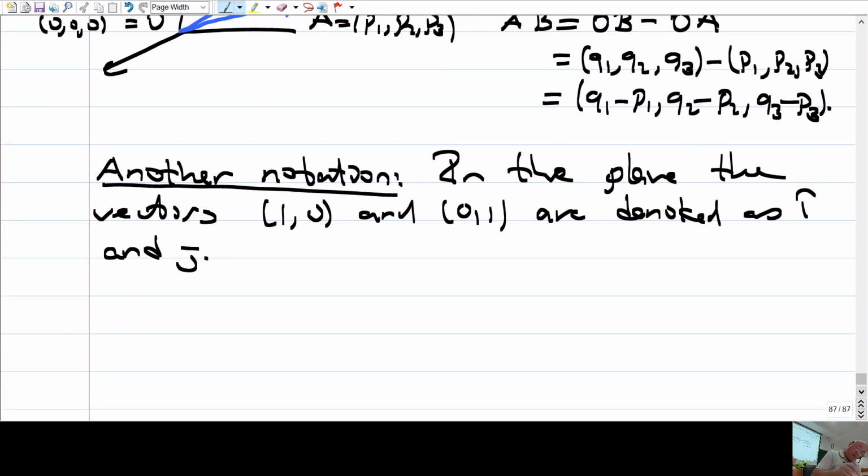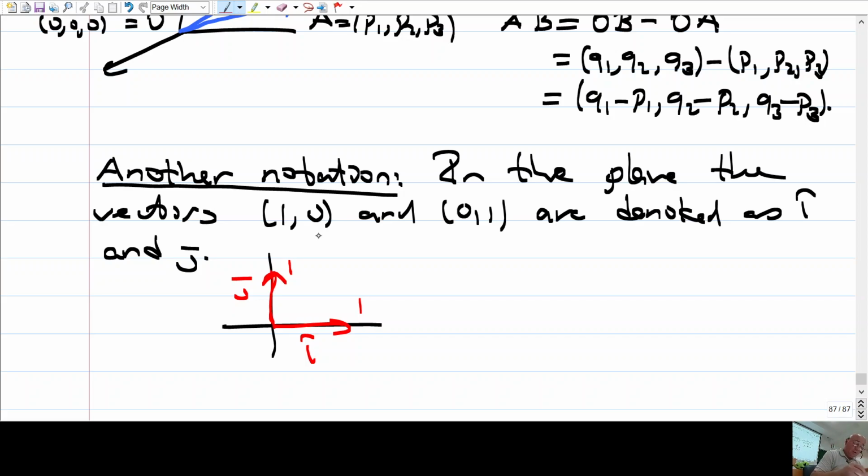So in the plane, we have these unit length vectors. Suppose this is the vector I, and this is the vector J.